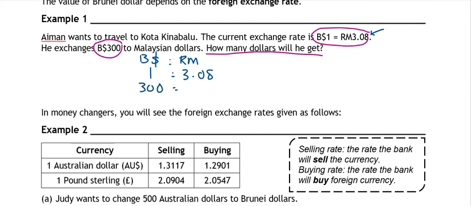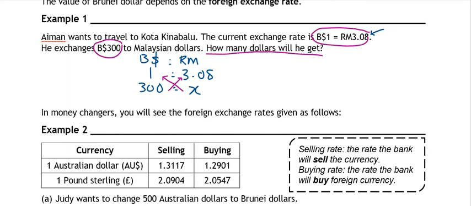The RM you will label as X. Next, you use the cross multiplication method, since this is proportional. When you increase from 1 Brunei dollar to 300 Brunei dollar, the Ringgit Malaysia will also increase.